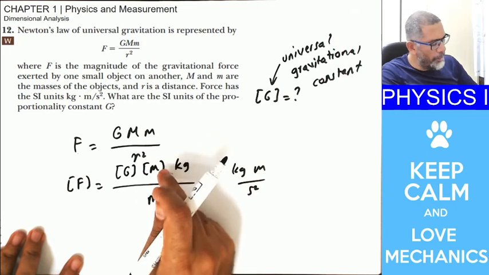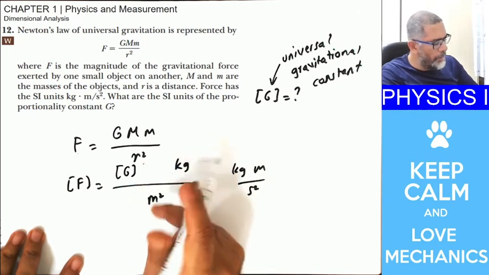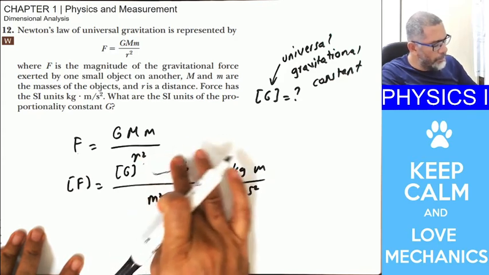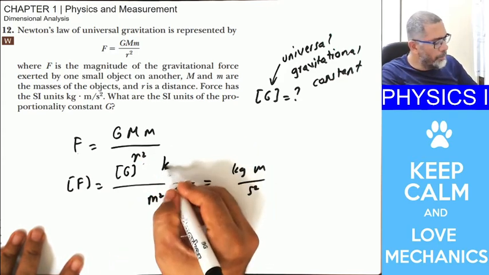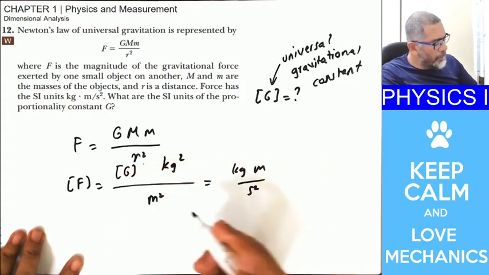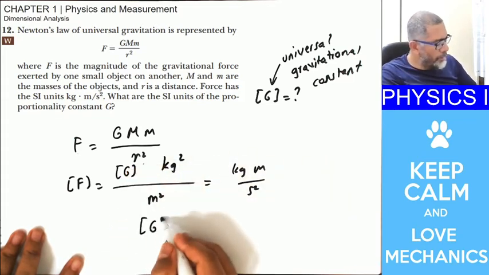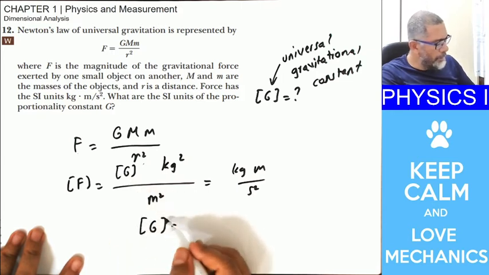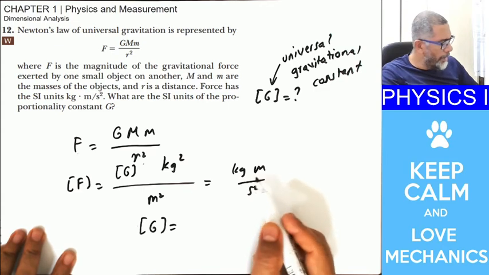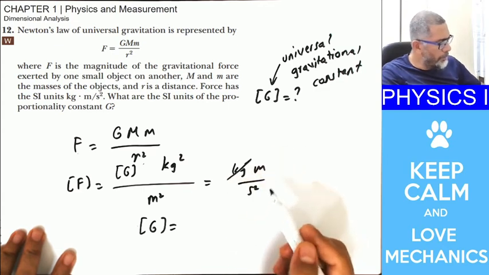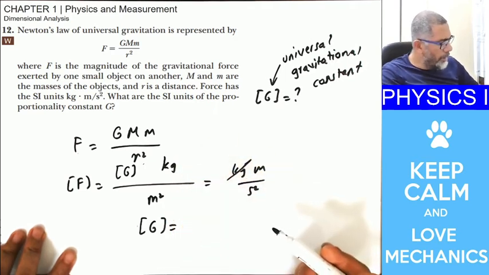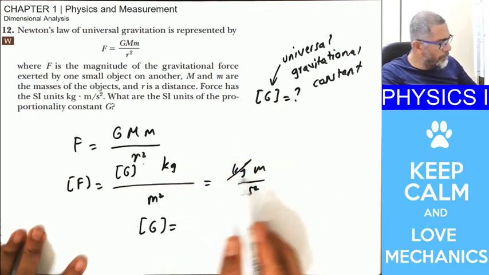And similarly, the square bracket of the larger mass is again the same unit, kilogram. So instead of 2 kilograms, I can write down just kilogram squared, right? And this is unknown. So if I just solve for this, what we have is, after some simplification, this kilogram may simplify one of the kilograms on the left hand side, and we have meter squared, meter over here.